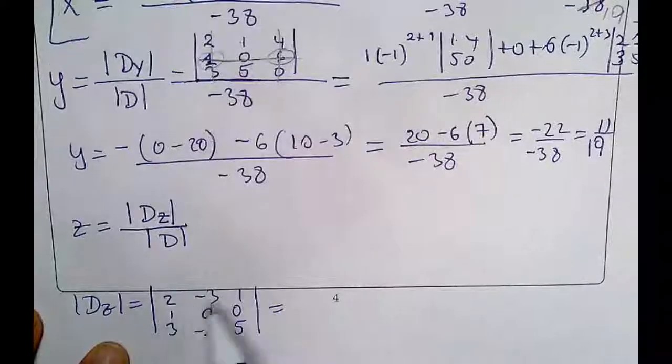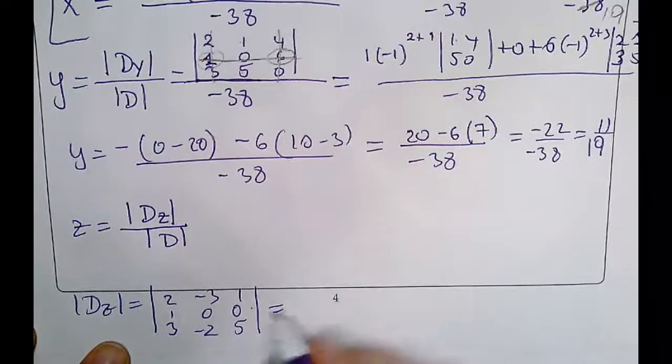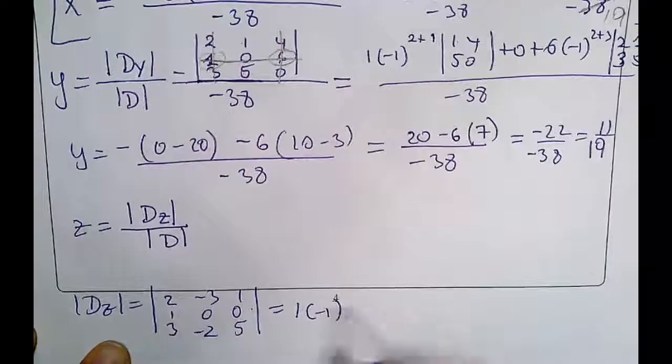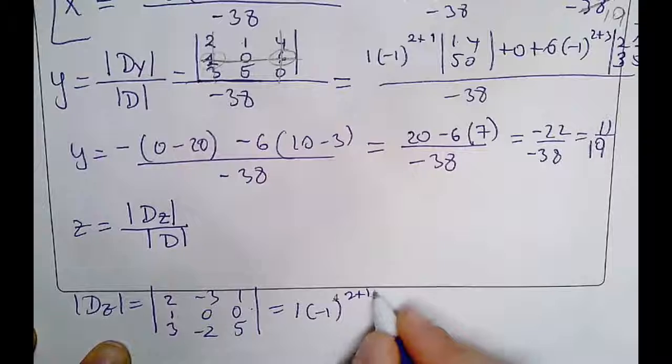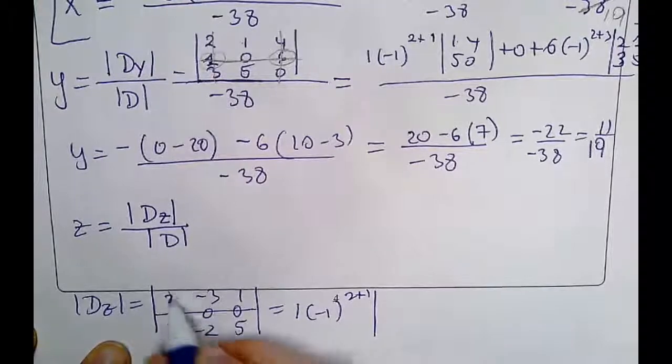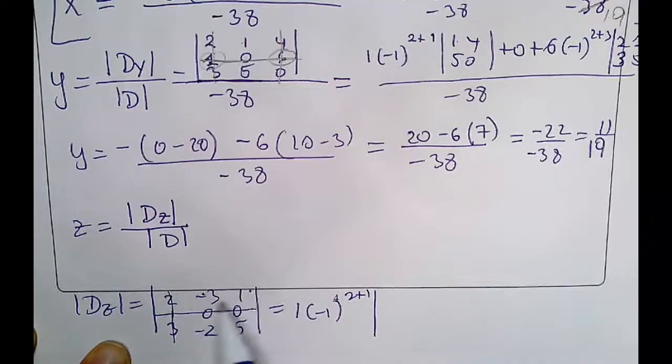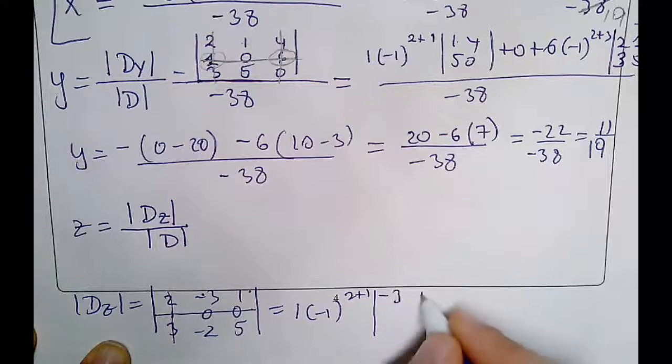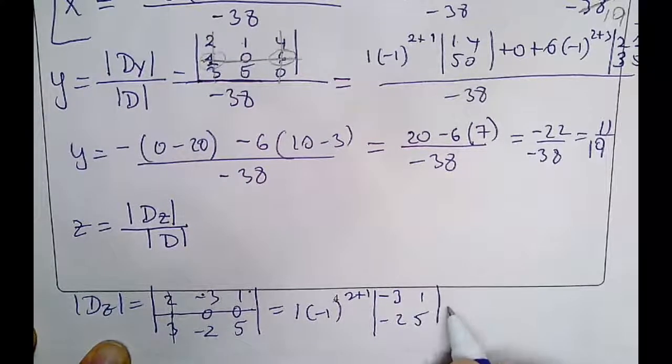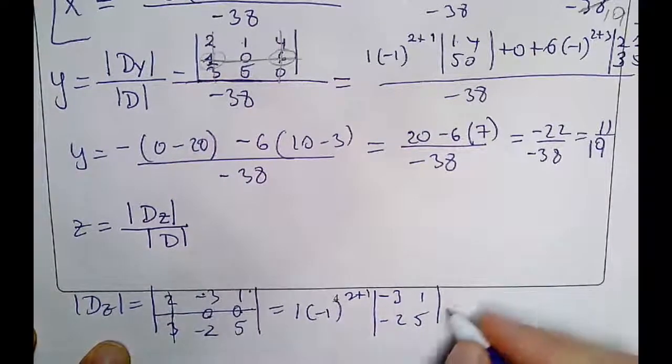Notice that it's nice to expand by row 2 because it has 2 zeros. So it's just going to be 1 times negative 1 to the power row 2 column 1, 2 plus 1, times the determinant left when I remove row 2 and column 1. So 3, 1, negative 3, 1, negative 2, 5. And then plus 0, plus 0.